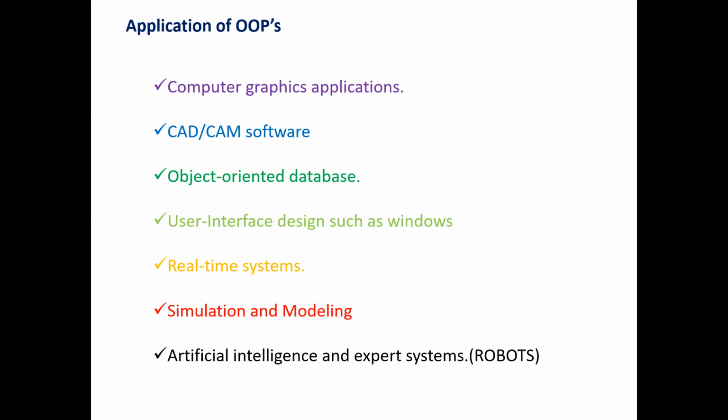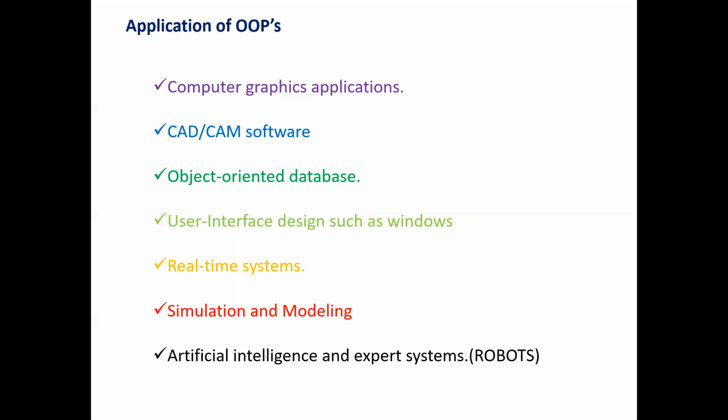It means object-oriented database. Here, the object is a computer. For that, we have made a list of all the components required for that computer. That becomes an object-oriented database. For that purpose, we also need object-oriented programming. It means the application is object-oriented databases.